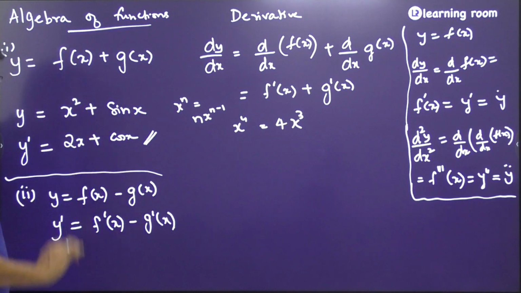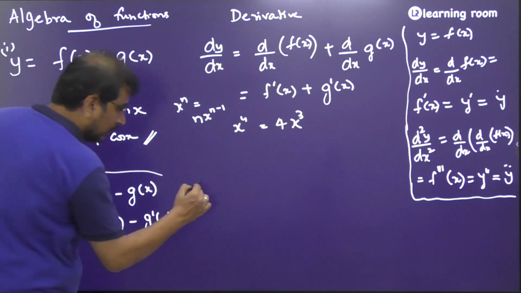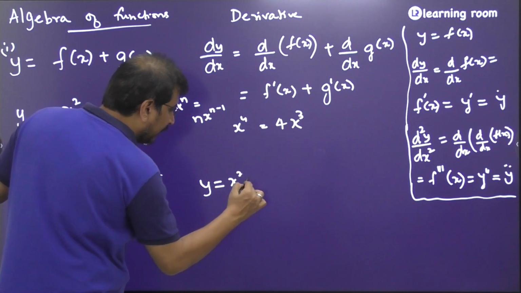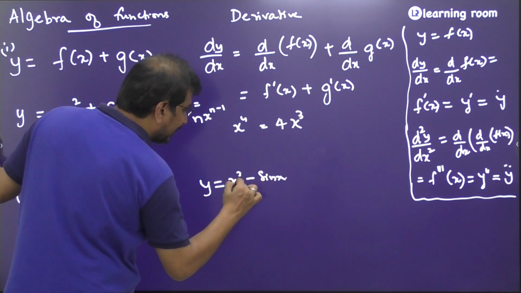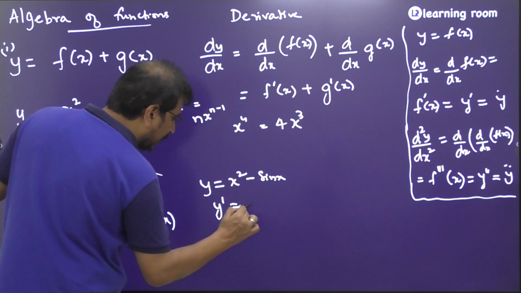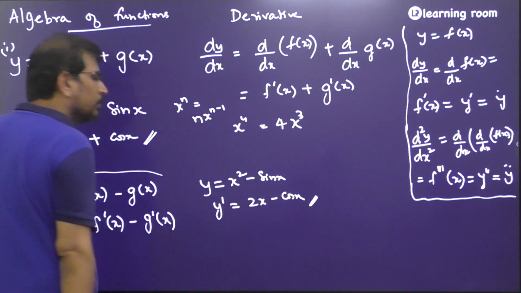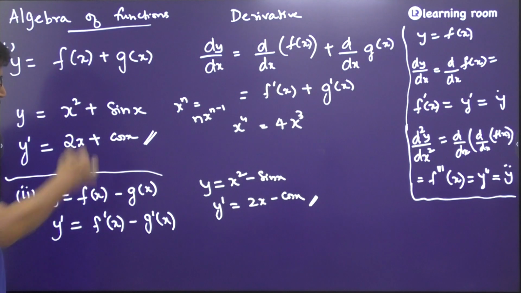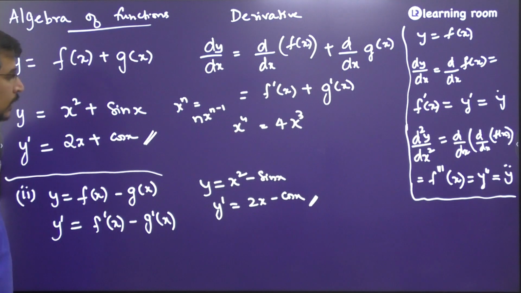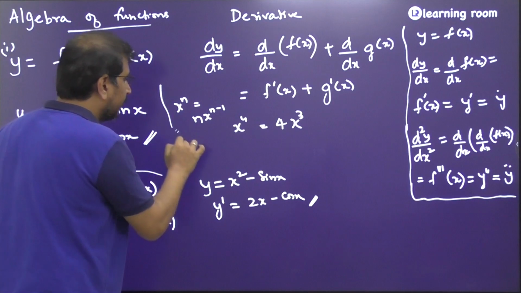If I take the same functions with a negative sign, y is equal to x square minus sin x, then what is y dash going to be? That's it. Simple, right? Aren't these two simple? So make a note of this.